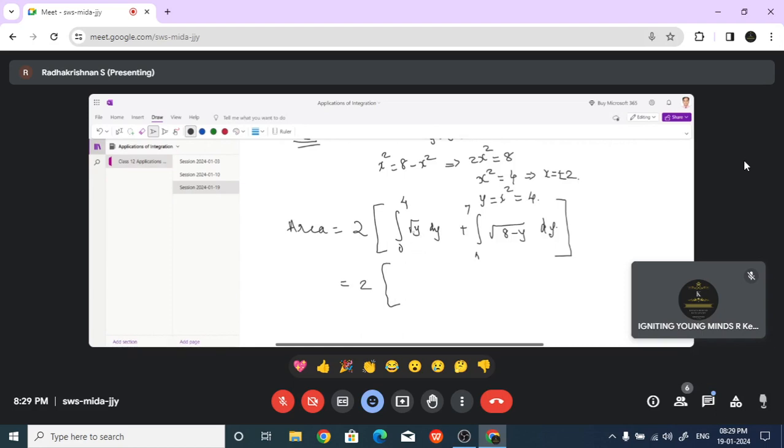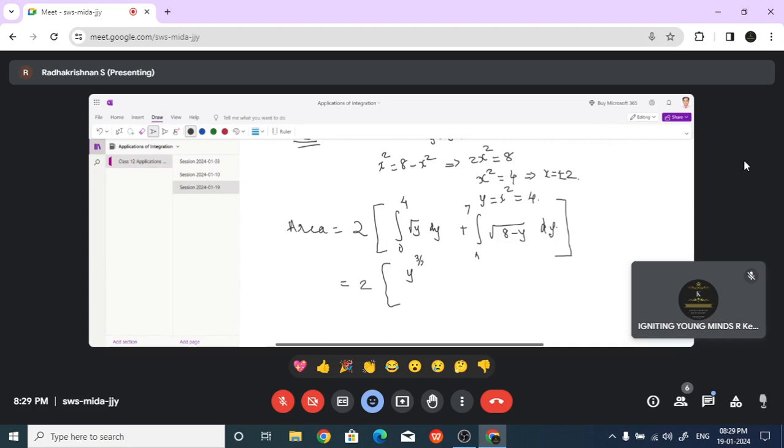What is integral of root y? y power 3 by 2 because y power half, right?